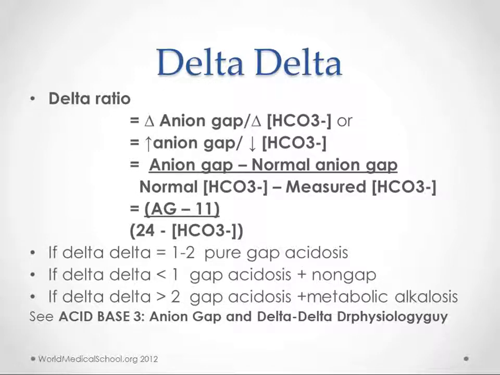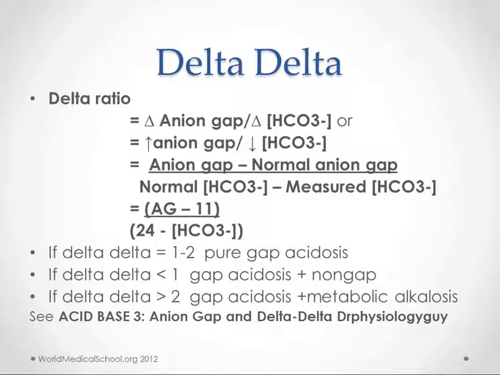So in a gap acidosis, for example, a lactic acidosis, you're adding lactic acid to the system, so the lactate is going to be another anion that is going to add to our gap, and then the hydrogen from the lactic acid is going to deplete our bicarb.